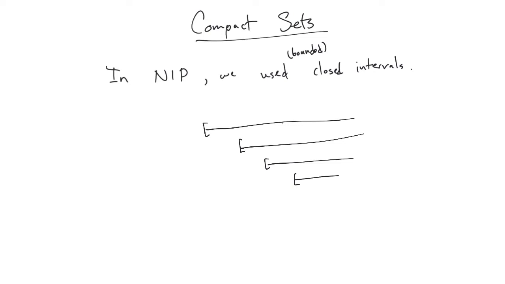If we just took, for instance, the intersection of the numbers from n up to infinity, this is empty. So this does not have the nested interval property. Remember, the nested interval property means the intersection is always not the empty set. Nested interval property requires bounded closed intervals.